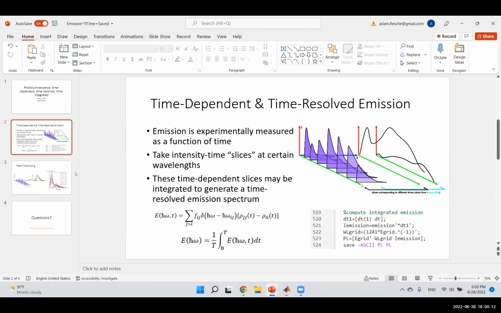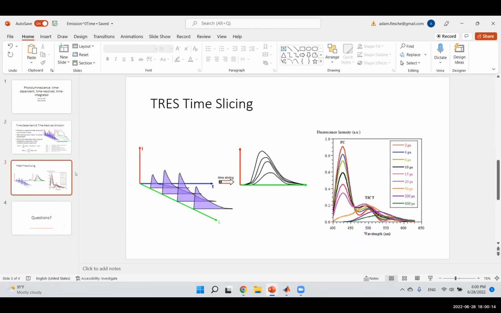It's nothing we haven't already talked about, but while I was doing research, I also found this time slicing that they do. They basically overlay these emission spectra over one another at different times, and they plot another figure from this showing how the intensity changes over time.